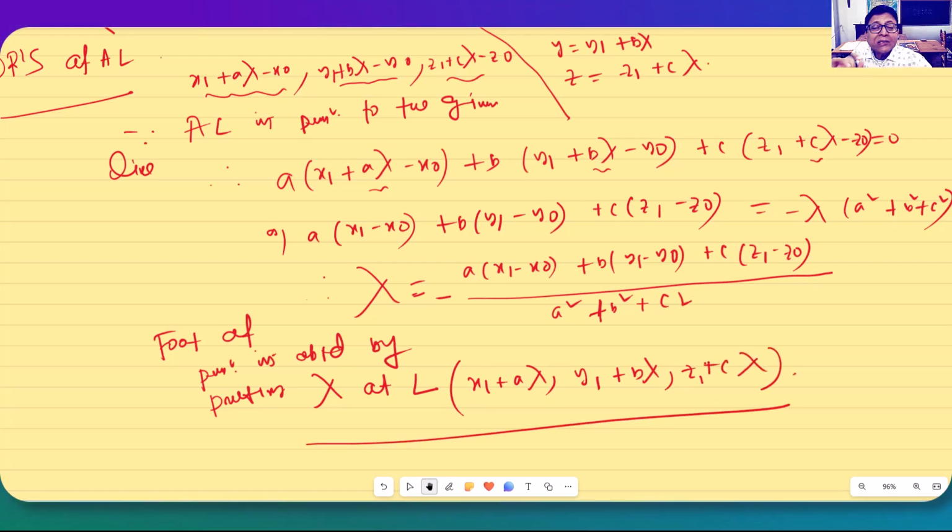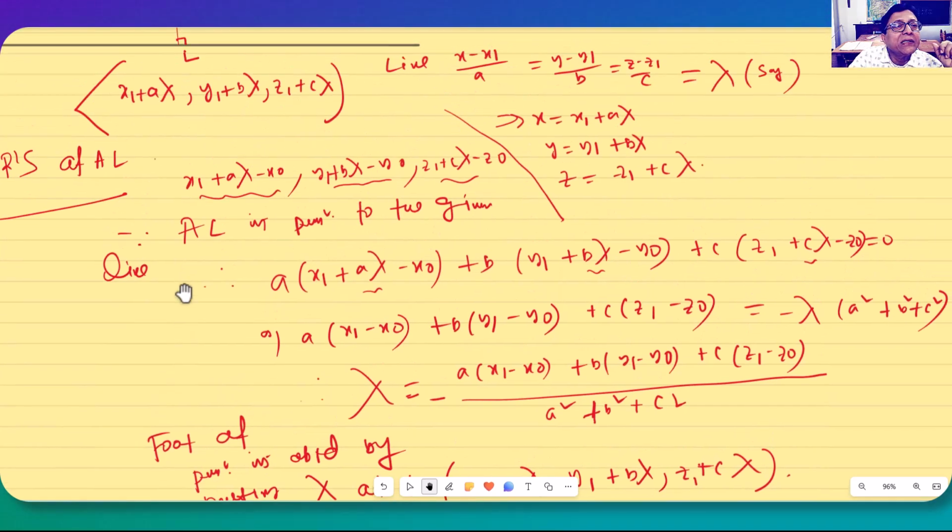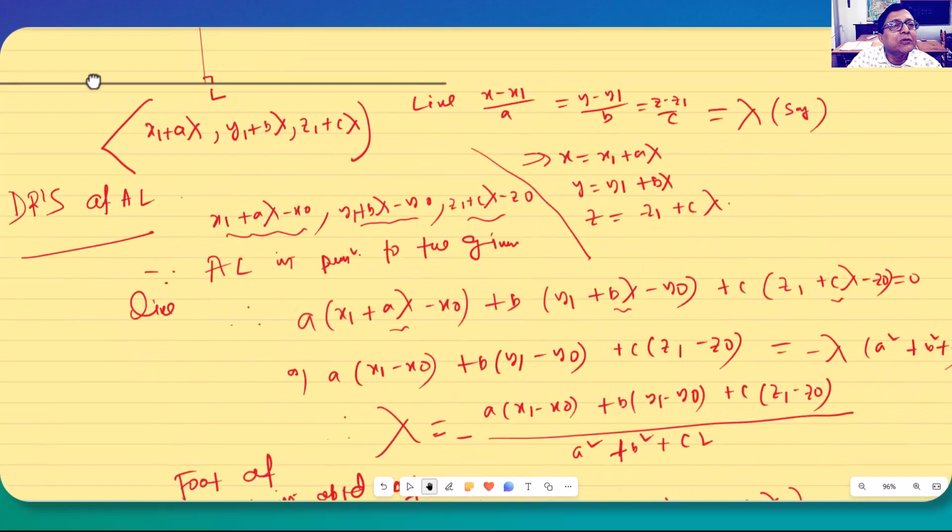Okay, once you get this point, finding the distance AL is very easy. A is x0, y0, z0.